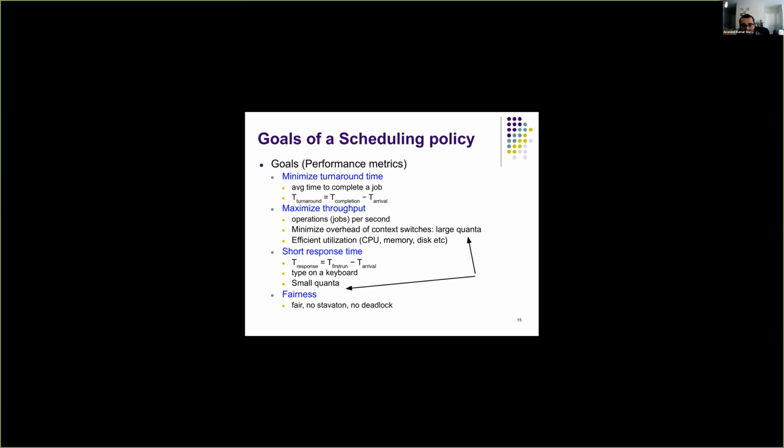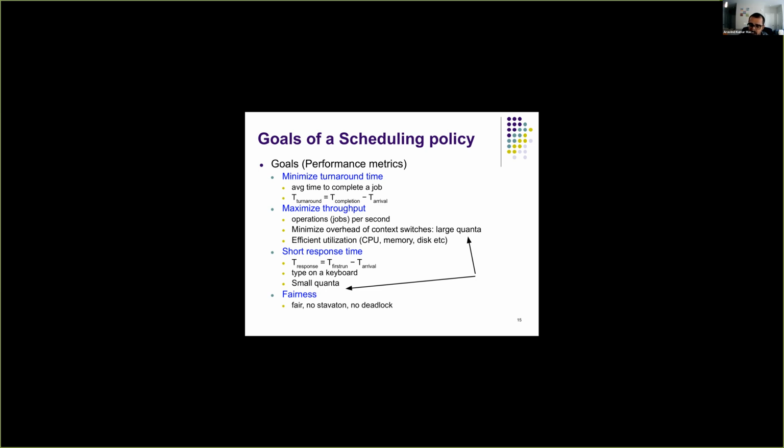Note that these goals actually conflict with each other. For instance, we will see that in order to have short response time, we may have to compromise on throughput. In order to have a short response time, we need to have a shorter timer, because we need to swap in and swap out processes quickly.